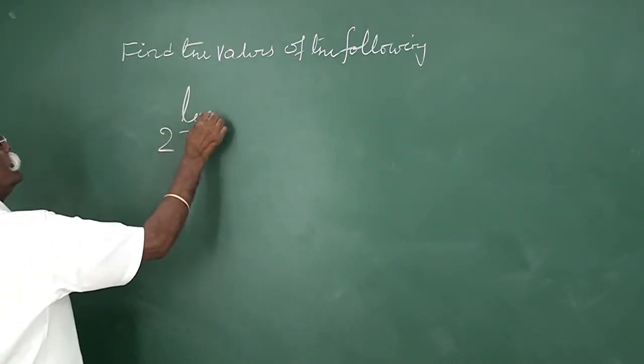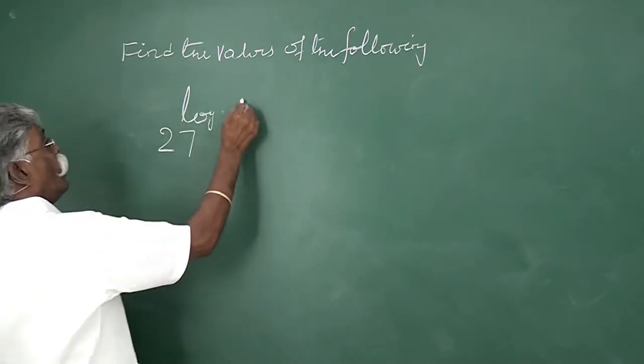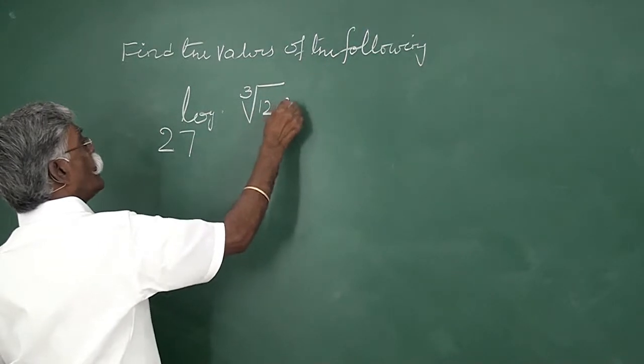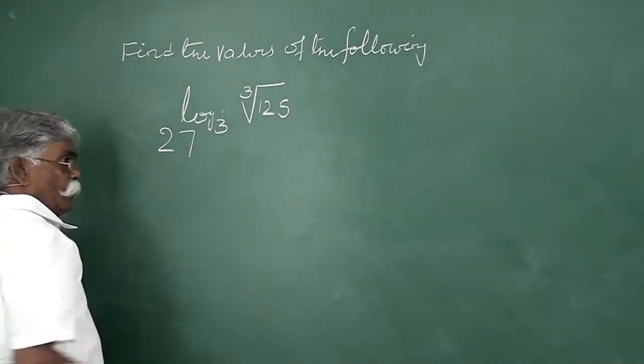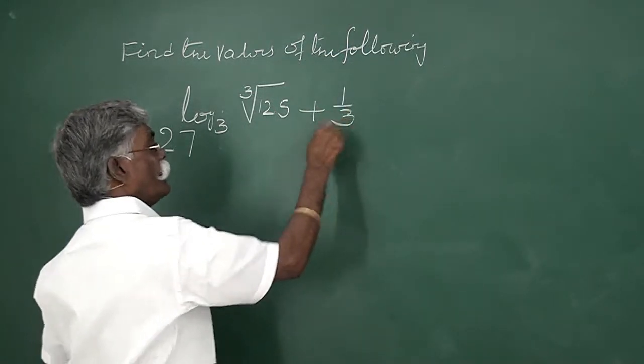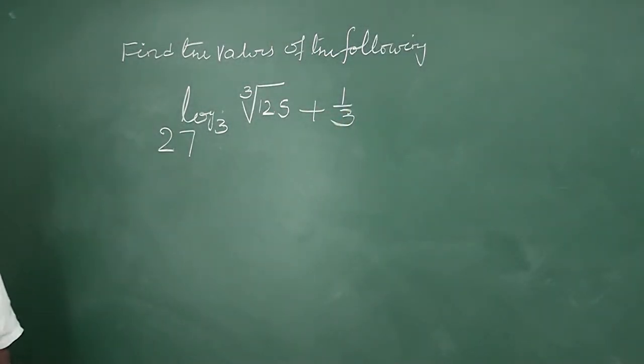27 to the power log of cube root 125 to the base 3 plus 1 by 3. So the value of this we have to find, or we have to simplify. On simplification we will get its value.